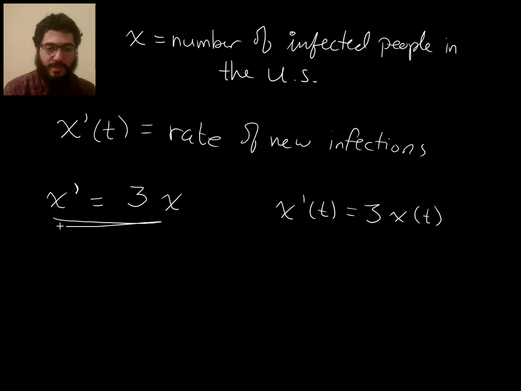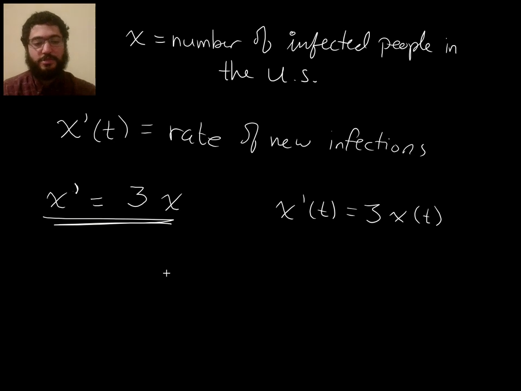So here it looks like there's no time because you don't explicitly see t's showing up, but the time is implicitly there. All right, so if we can solve this differential equation, if we can find x that makes it true, then we will have some predictions from this model as to how the number of infections changes in time.